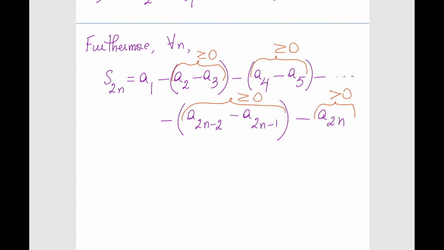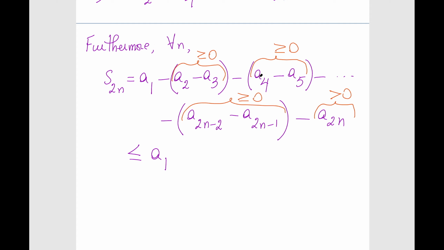So what do we get at the end of the day? We have A1 minus a bunch of non-negative numbers. So this is at most A1, right? Make sense? Because you're chipping away a non-negative entity.